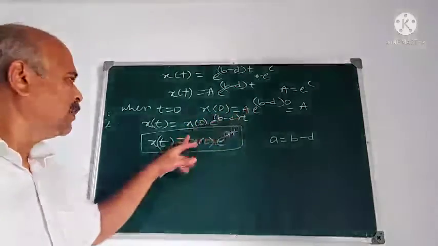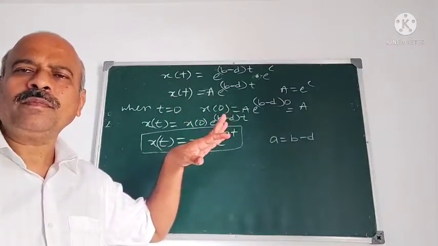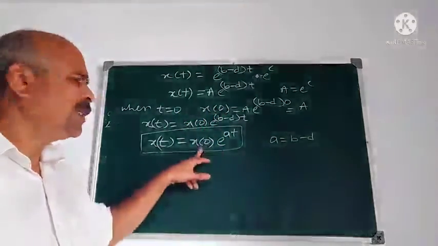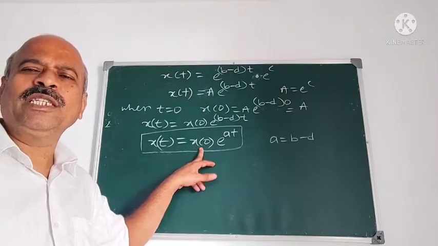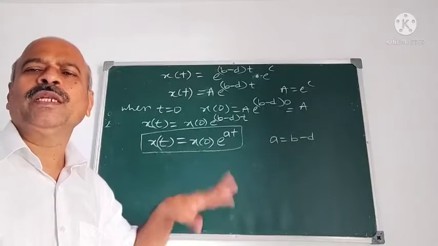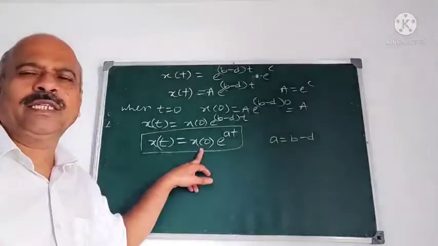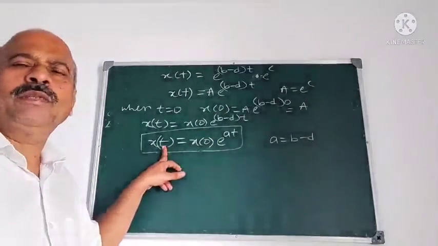Suppose we want to calculate the population of a certain town after 5 years. Then what is x0? Present population. x0 means initial population, that is, at present time. After time t, what is the population? x(t).